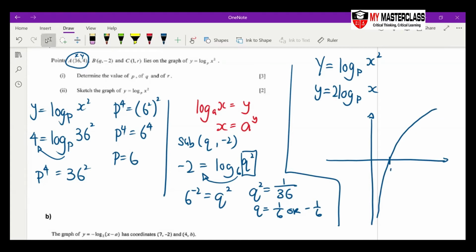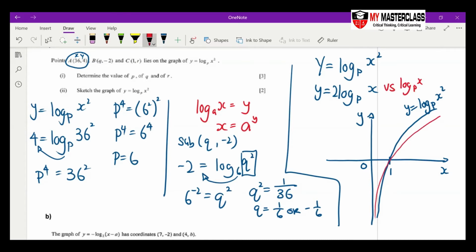So your normal log graph will still look like this, and 1 is here. This is y equals log base p of x squared. If you are keen to know the difference between 2 log base p x versus log base p x, log base p x would look something like this.